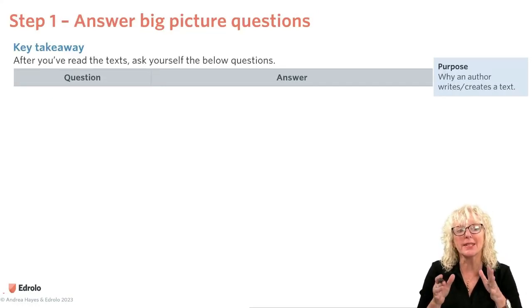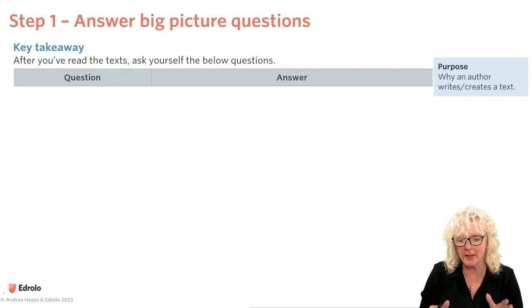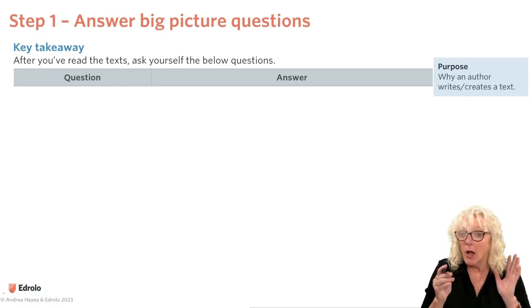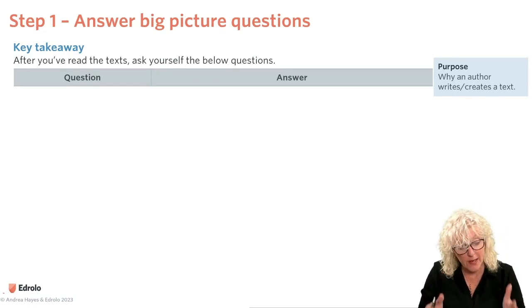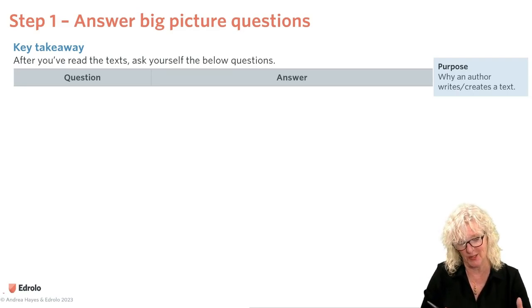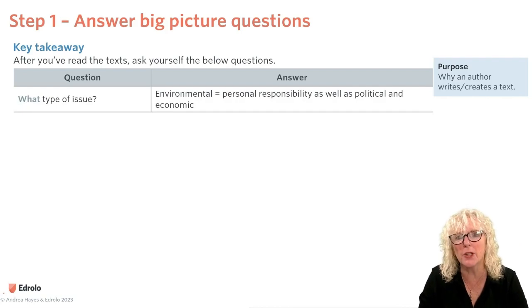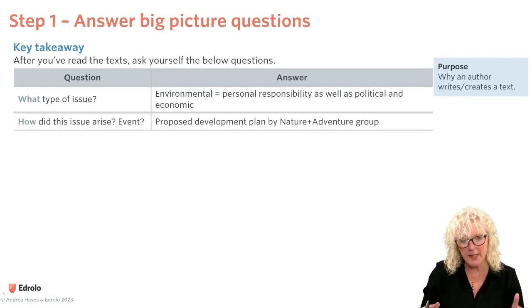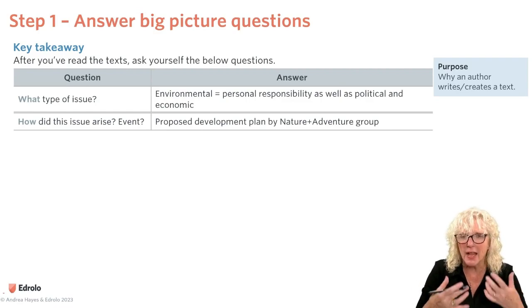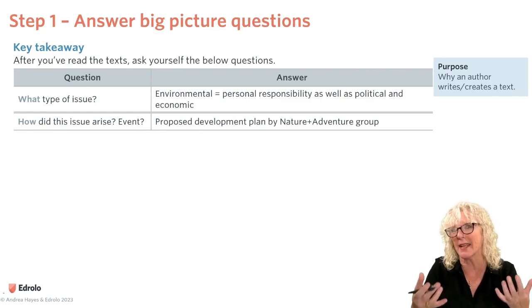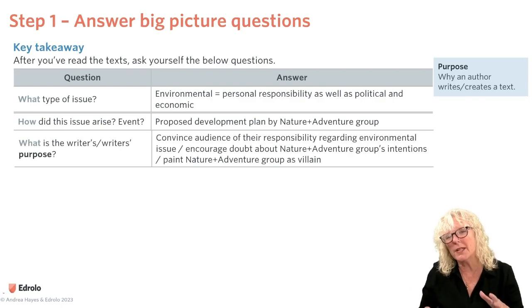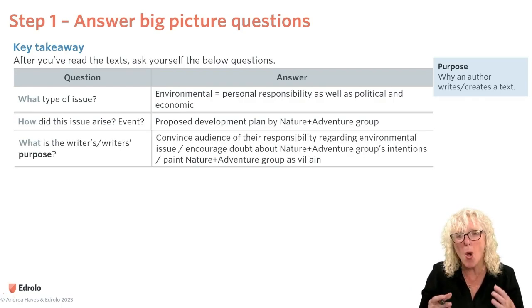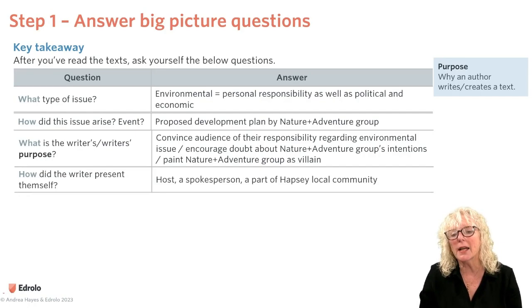Now let's look at step 1, answering the big picture questions. Of course, you've already read the texts. You need to have read the texts and then ask these questions. What type of issue are you dealing with? How did this issue arise? Was there an event that precipitated or acted as a catalyst for this issue? What is the writer's purpose? How did the writer present themselves?